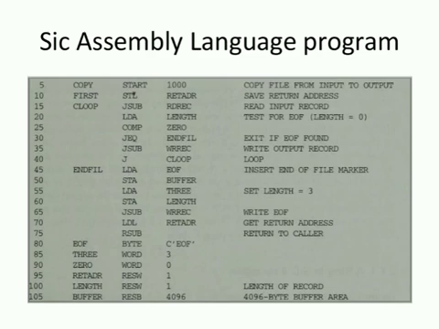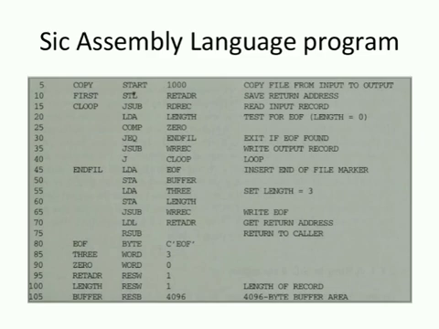Okay students, next we'll see the SIC assembly language program example given in your textbook, where we need to find out the object code for the given code. The code is written in assembly language and we need to find the object code of that program.